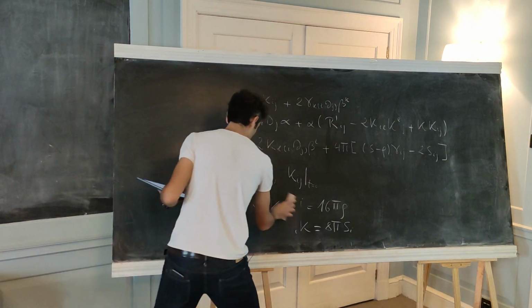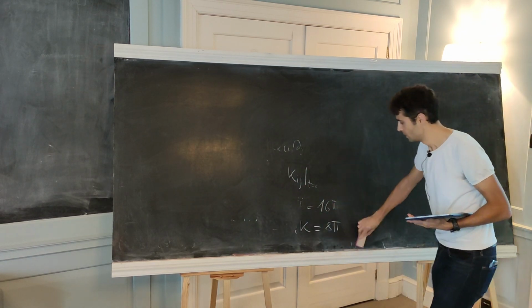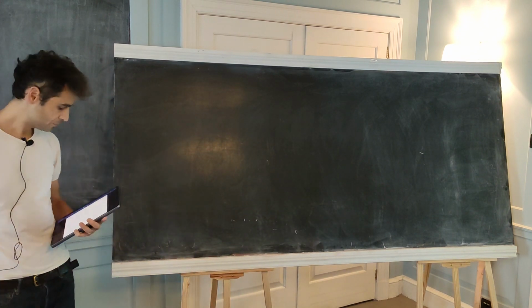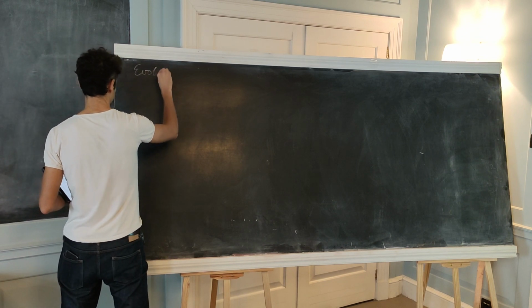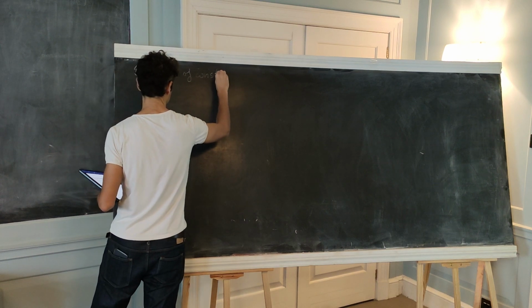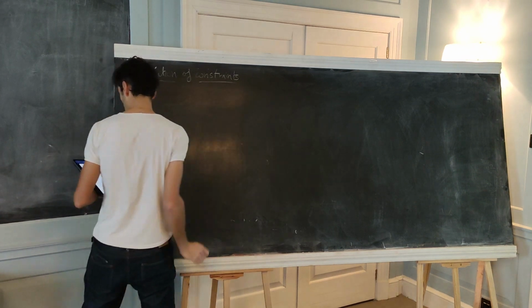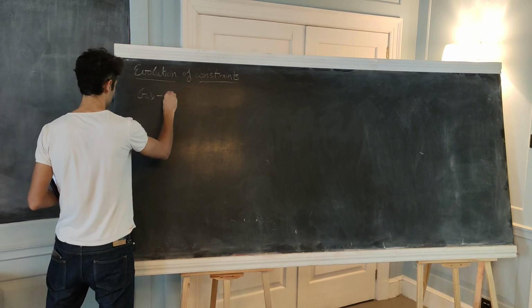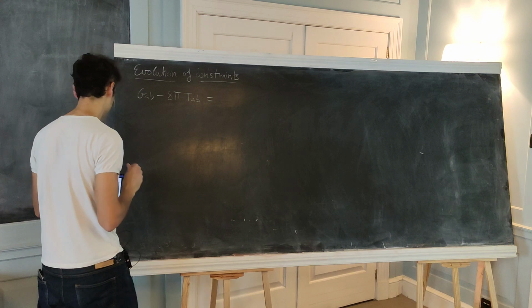So before we move on, there's one thing that we need to discuss, which is constraint preservation. We can write the Einstein equations in the following way.